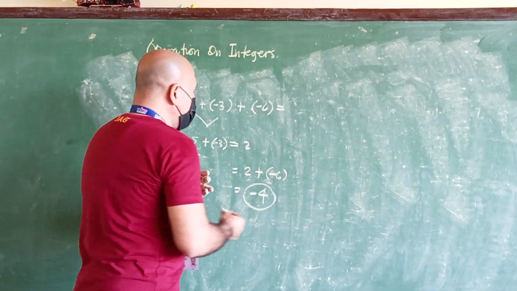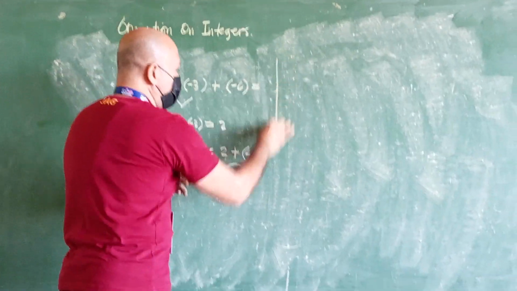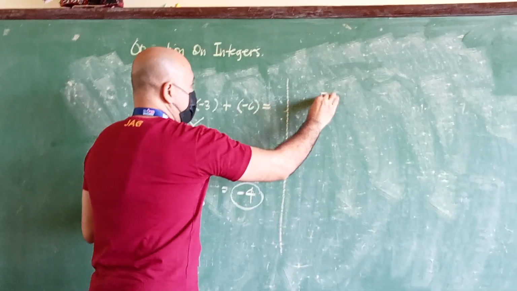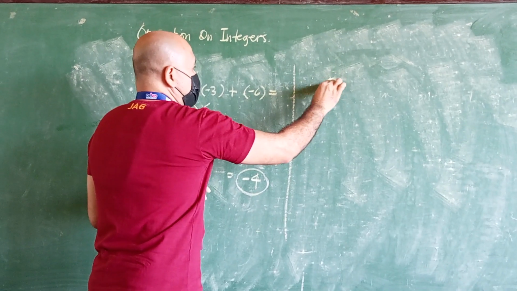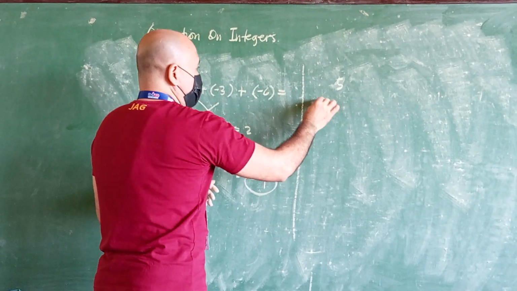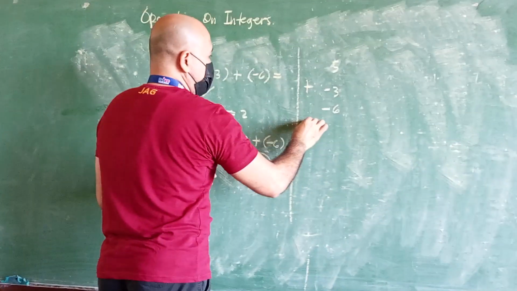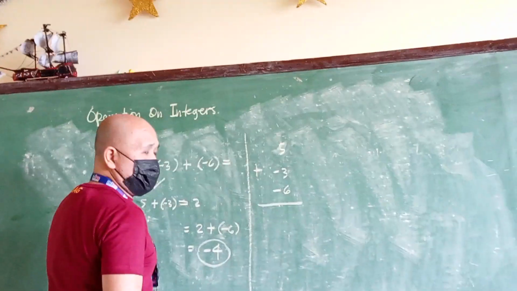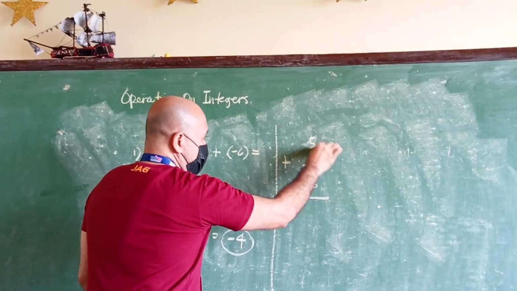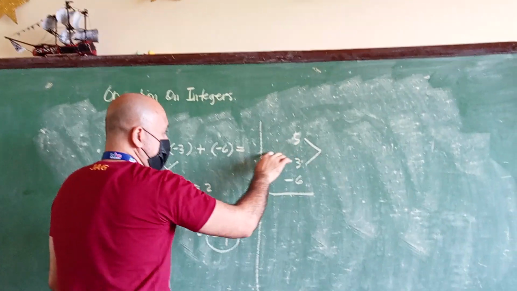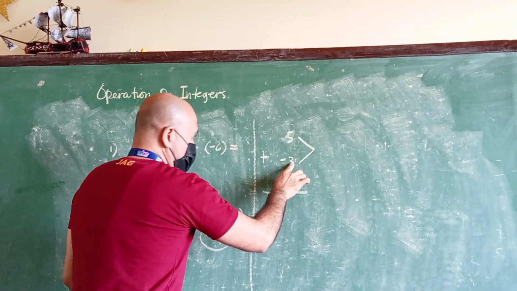Or either you can rewrite that one into vertical. That is 5, and then we have plus negative 3 plus negative 6. By pair means you can add these two first, positive 5 plus negative 3.